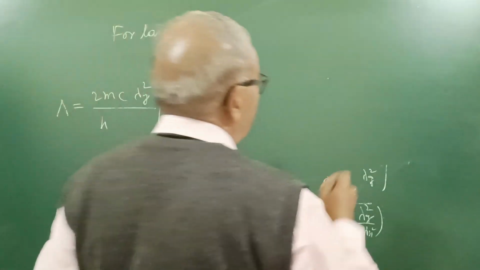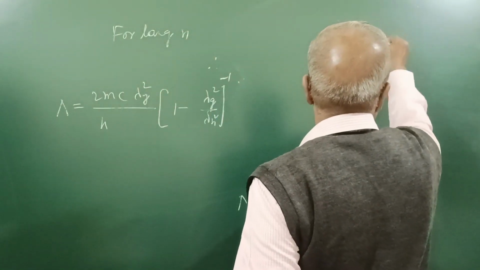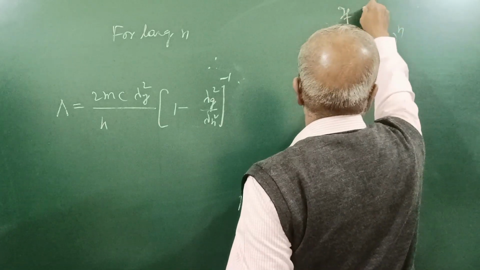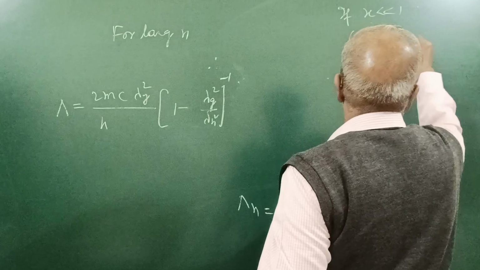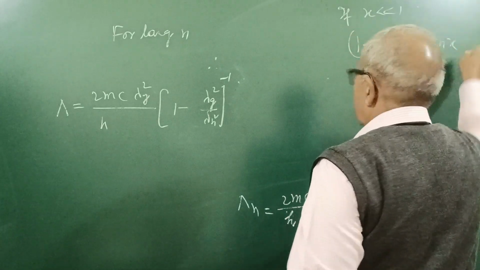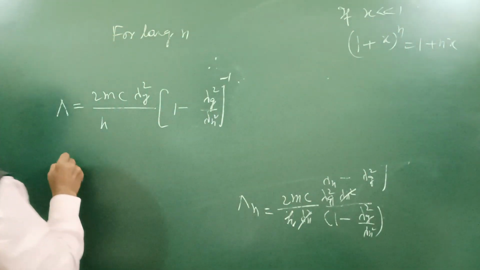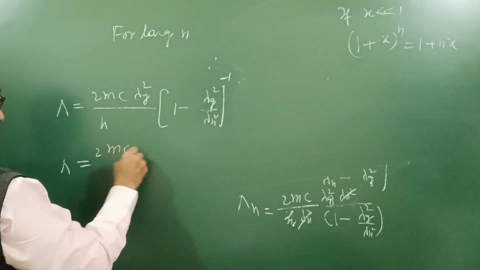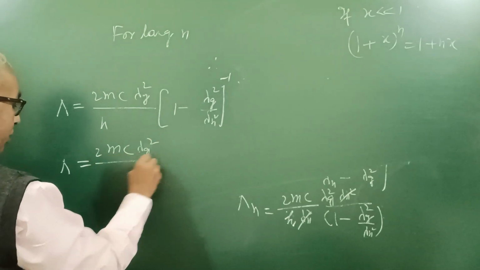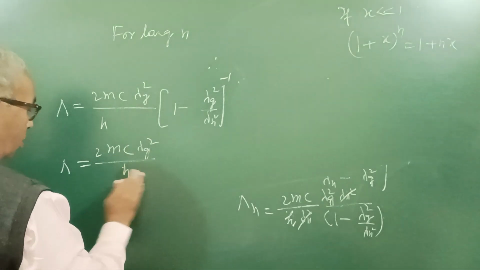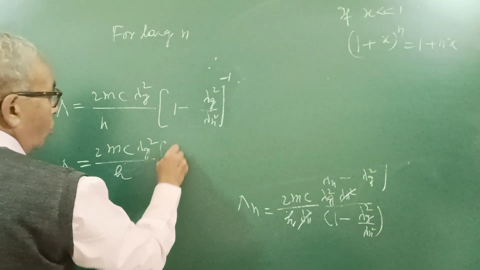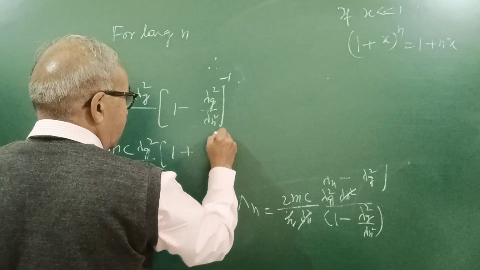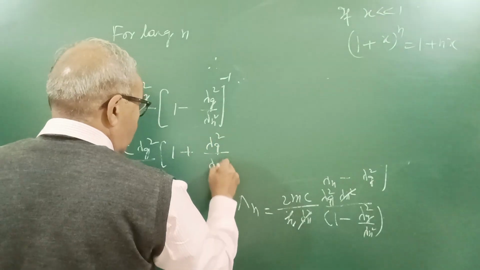Now you know binomial expansion: (1 + x)^n, if x is much less than 1, equals 1 + nx. So by using that, lambda comes out to be equal to 2mc lambda g square upon h, times 1 minus, plus lambda g square upon lambda n square.